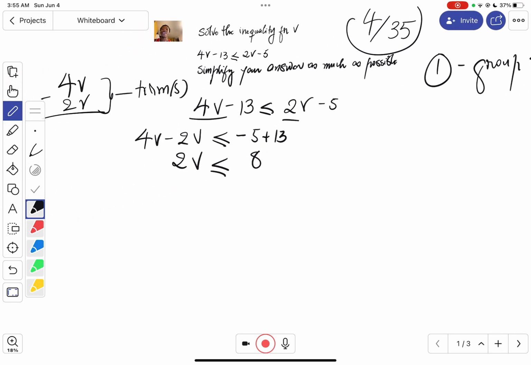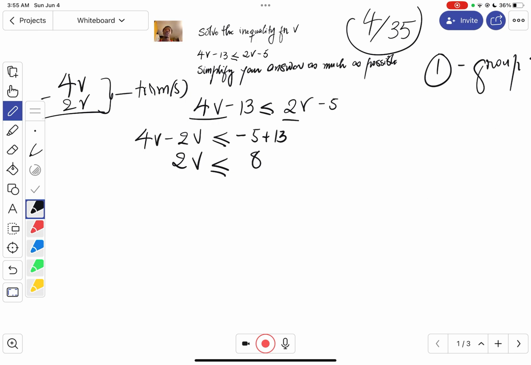Right now the second step is to actually find v. And how are you gonna find v? We're gonna divide each section of the inequality by the number that the v has, so we get v by itself without any numbers.